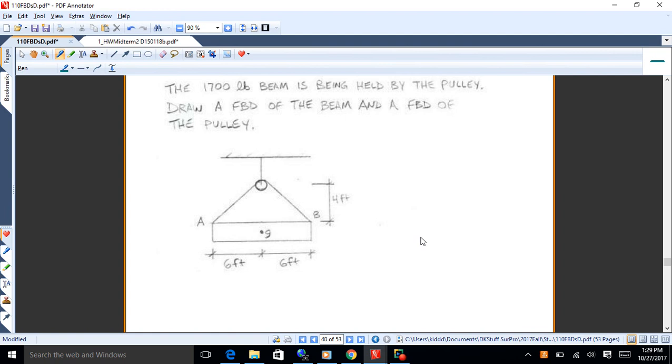Okay, remember that cables pull is what they do, and the weight acts at the center of gravity.